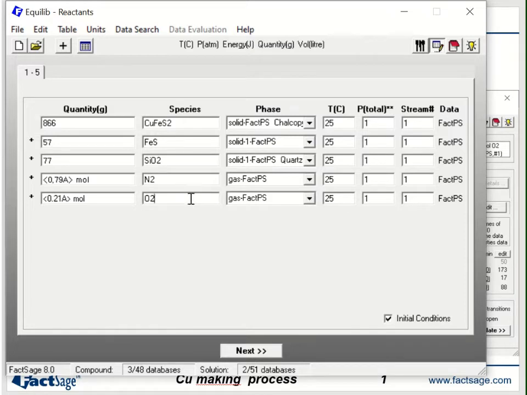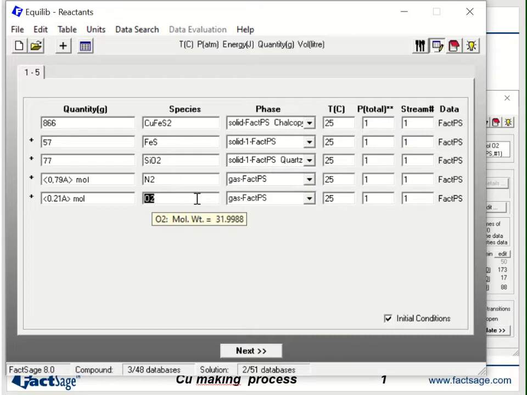However, for the current calculation purpose, because we want to use the initial condition to do the energy balance calculation, air, the N2 and O2, both of them are gas phase, and gas is typically an ideal solution. So either you enter it separately like this, or you enter it as a gas solution stream. The enthalpy value is the same, because the ideal solution assumes that there's no reaction enthalpy, no enthalpy of solution between the species.